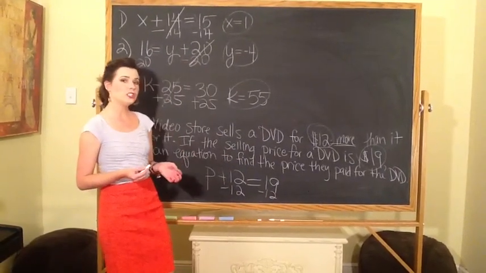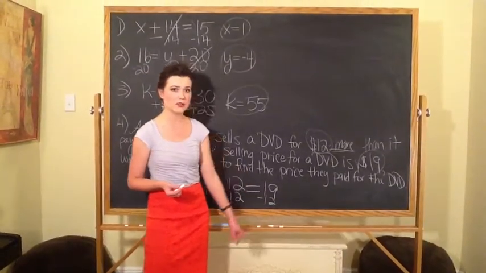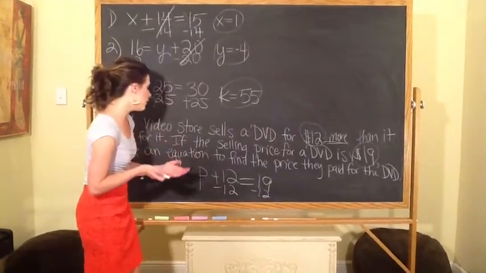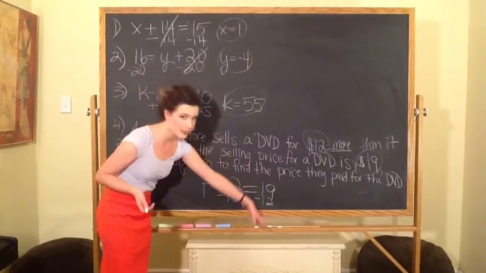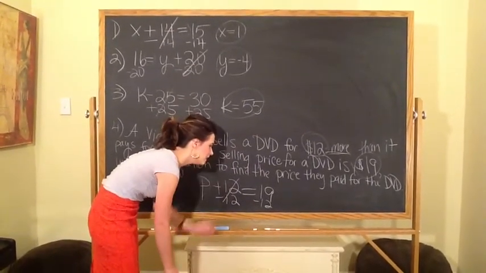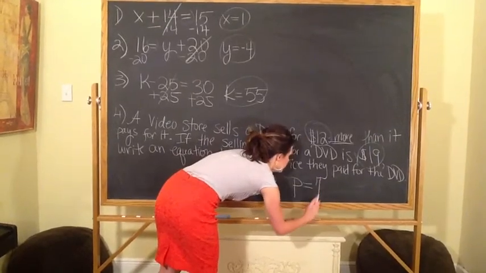So the subtraction property of equality says that I can subtract the same number from both sides and I'll keep my equation equal, which is the goal. So if I take away 12 here, I have to take away 12 over here. This cancels out. And then 19 minus 12 is going to give us p is equal to 7.